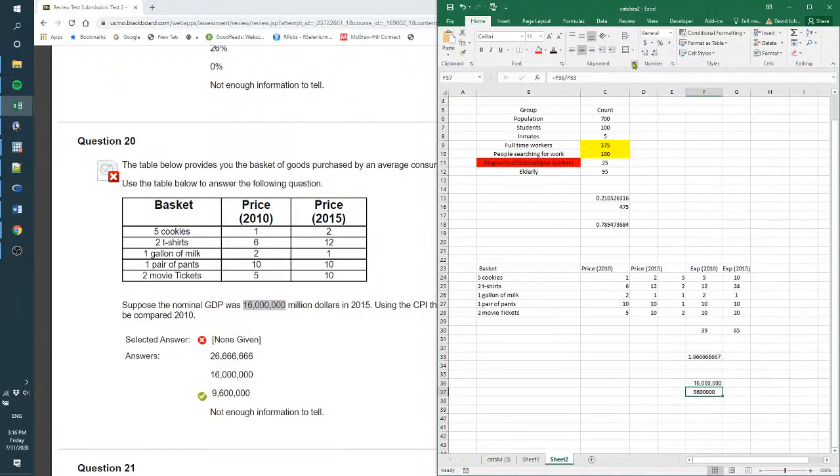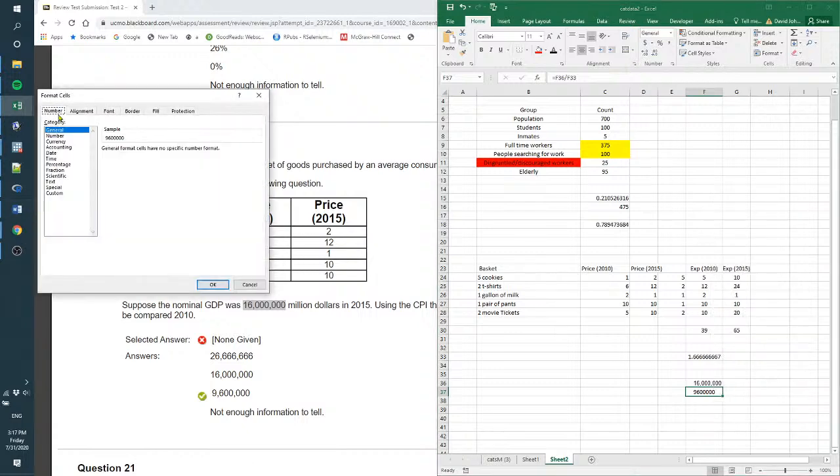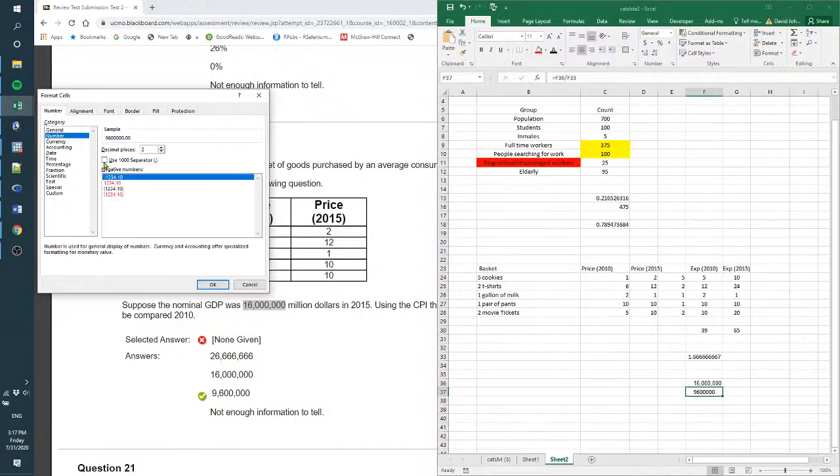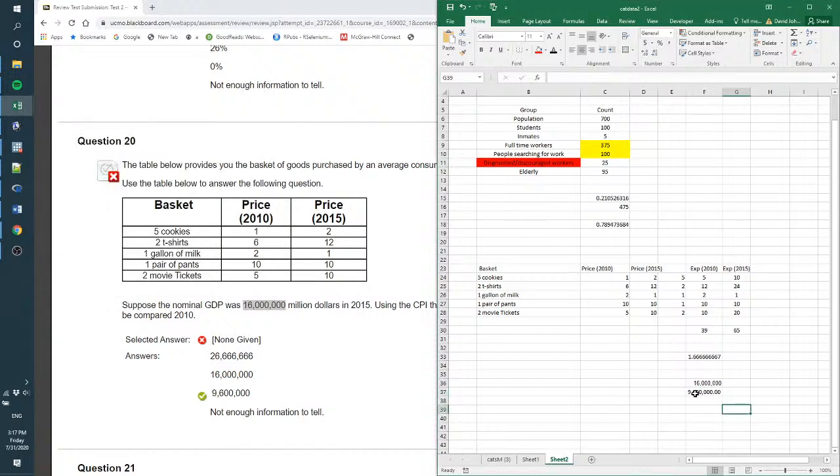And so let's just go ahead and add in those commas so that we can see that I am not making things up. And there we go. Now that shouldn't be red. 9.6 million is the correct answer there.